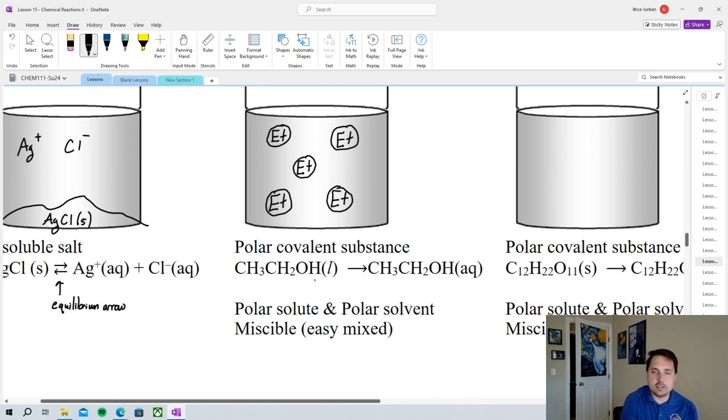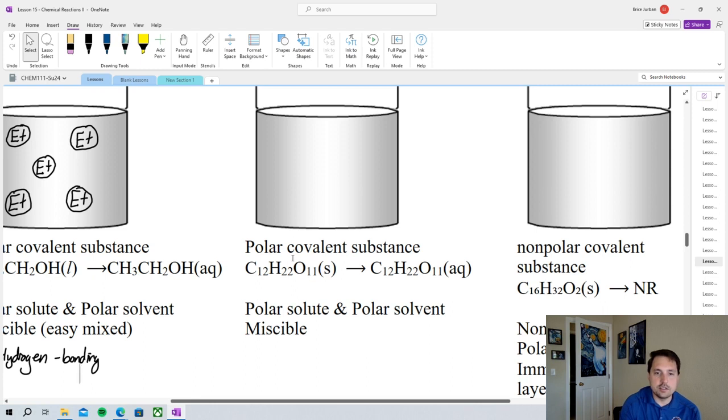And ethanol has an OH group on it. So there's going to be hydrogen bonding between the ethanol and the water molecules, which is why this is so easily mixed. So anytime we have an OH group, unless it's a really long carbon chain, like a fat, it's generally going to dissolve.